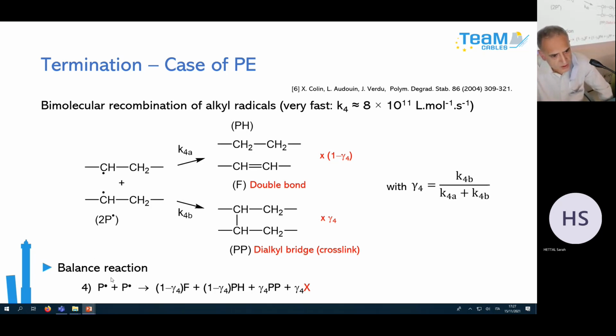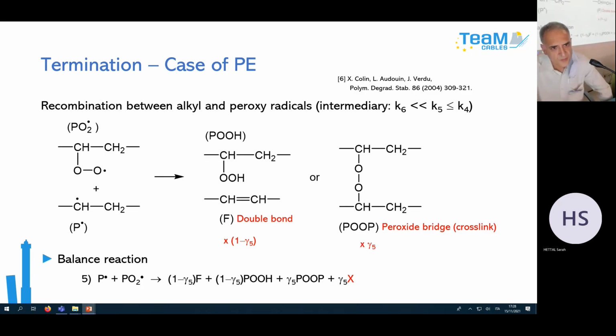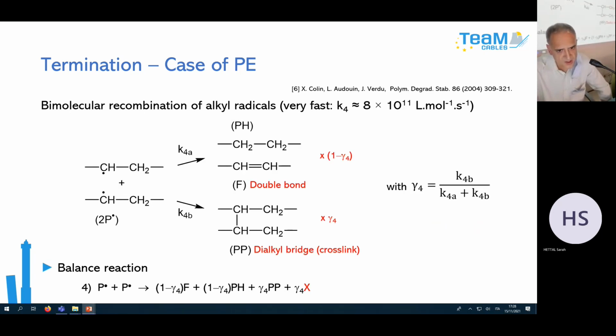So it is possible to write a balance reaction, taking into account all these reactions. In this balance reaction, gamma 4 corresponds to the yield in crosslinking. In the case of alkyl and peroxide radicals, you have the same type of reaction, but a small difference in the degradation product.